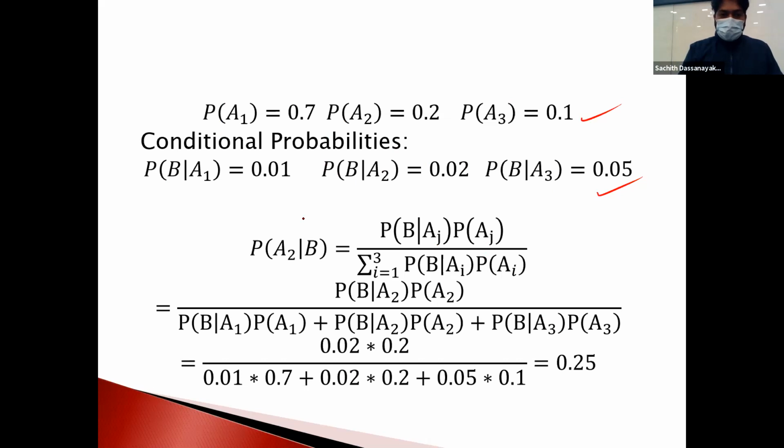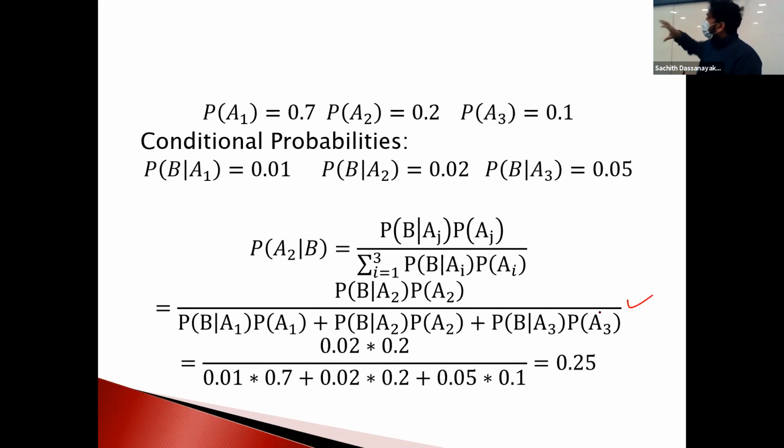So you need to find this posterior probability, the probability of A2 given B. Apply Bayes' theorem. It is this. You have three partitions, A1, A2, A3, that's why the sum goes from 1 to 3. Once you expand it, it's like this.